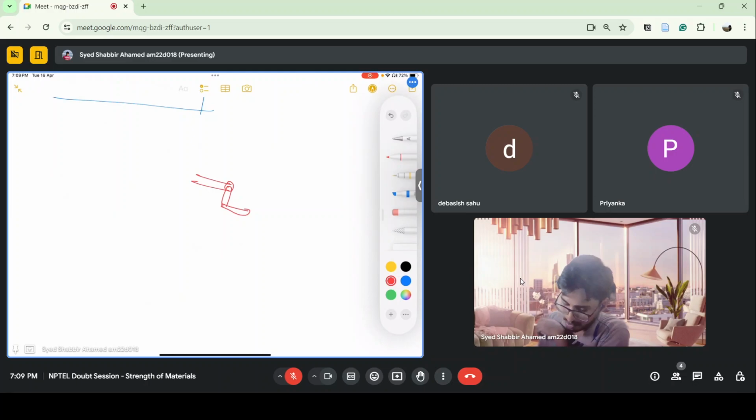See, this is something, and you are applying the force here. So we are not designing for this. Forget this, or you can say this is very short compared to this.